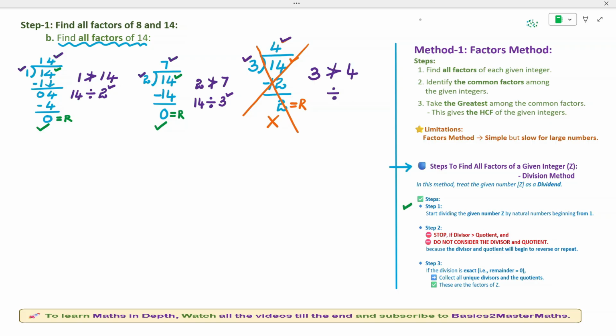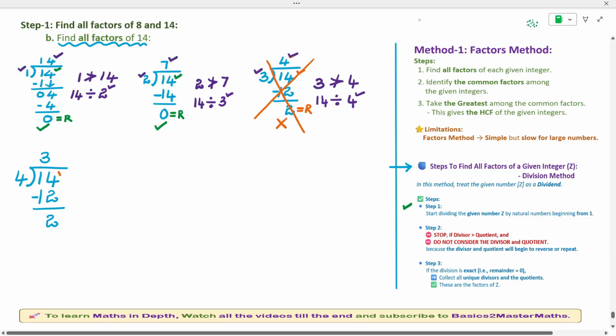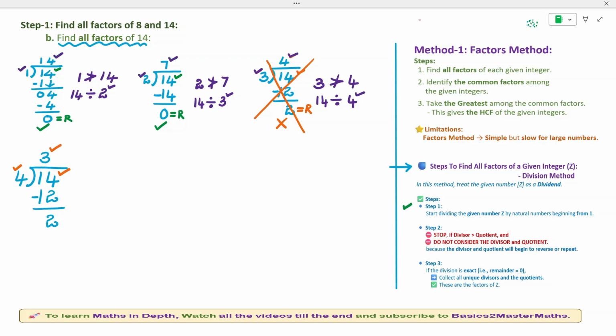So, divide 14 by the next natural number 4. When we divide 14 by 4, we get 3 as the quotient and 2 as the remainder. So, this division is not exact.